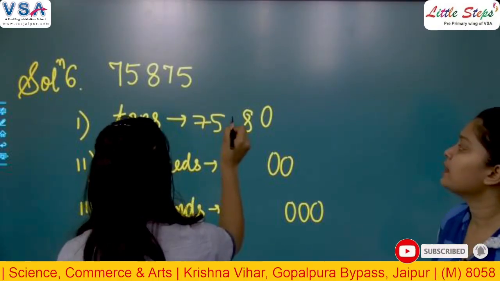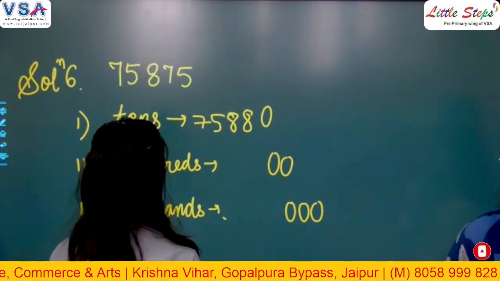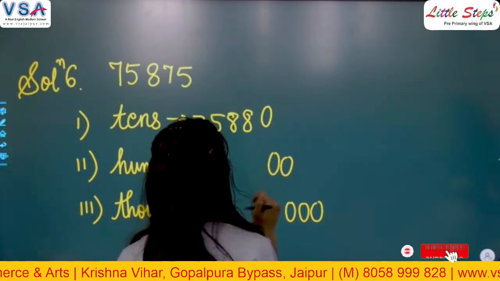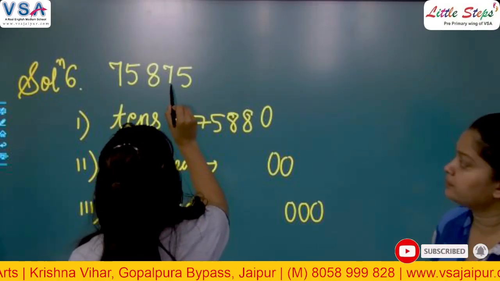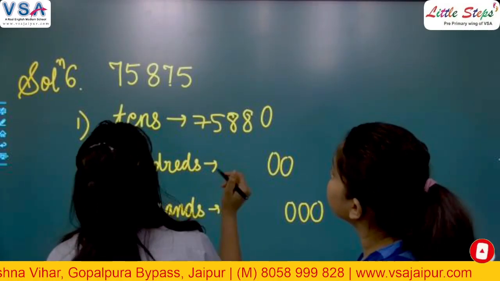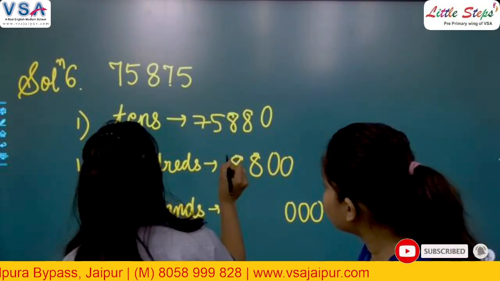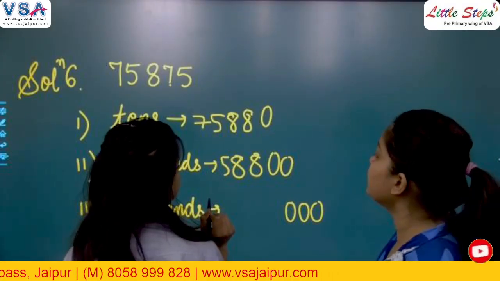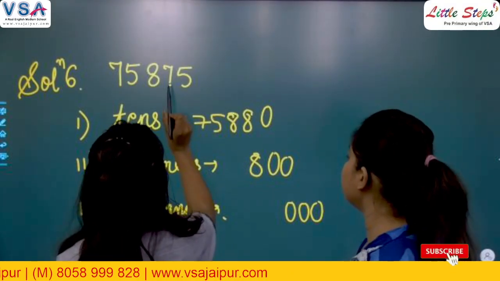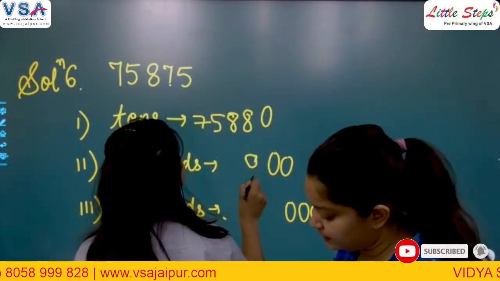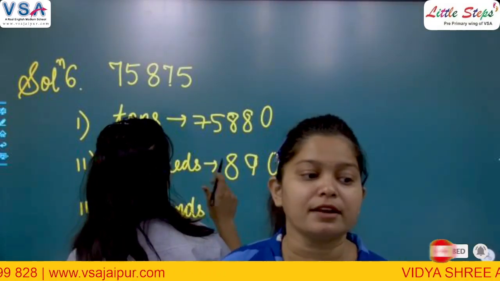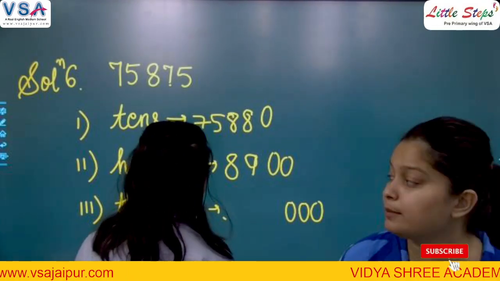Come as it is. 75,880 is the round off. But why 8? We have to add 1 now. We have to add 1, then it will become 9. 75,900 is the round off of the second part.